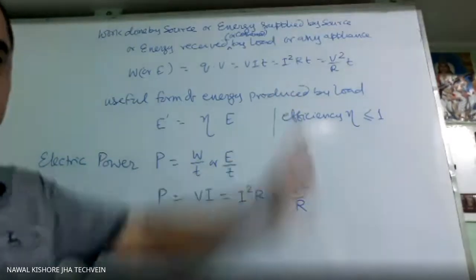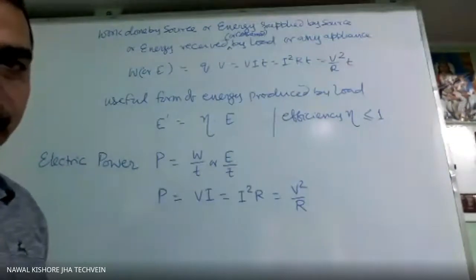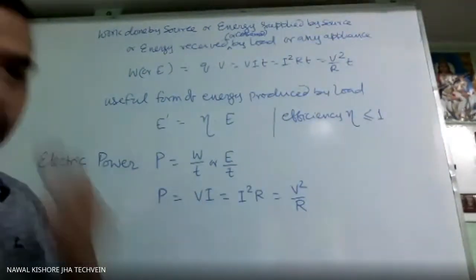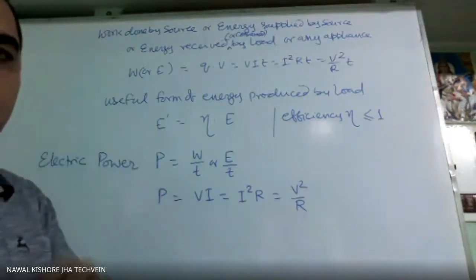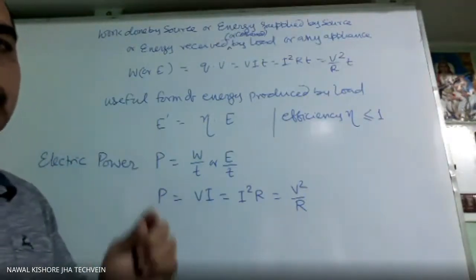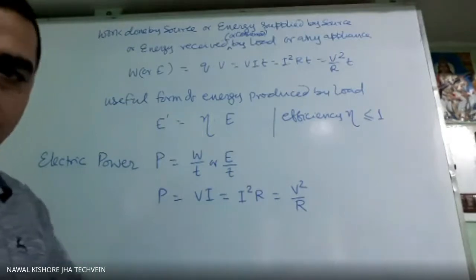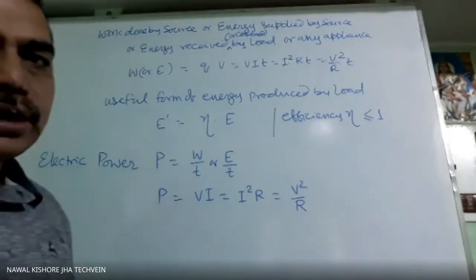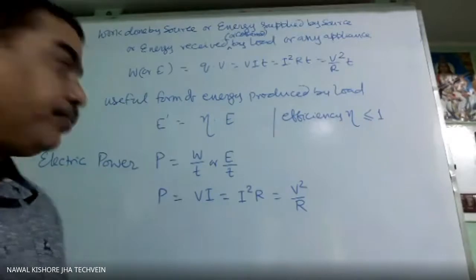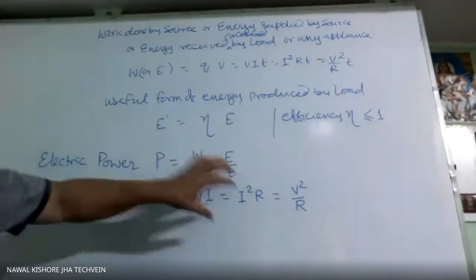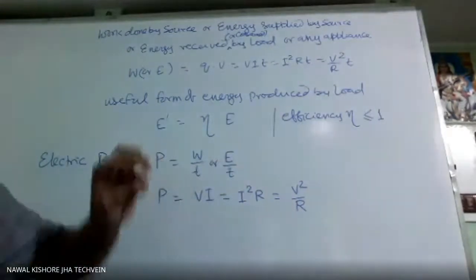That is efficiency, they never write it. Simply, if you are using a bulb, suppose it is written 220 volt, 100 watt, that means it is consuming 100 joule energy in 1 second. How much it converts into light energy, that is not given. So electric power of appliance is given by energy consumed.